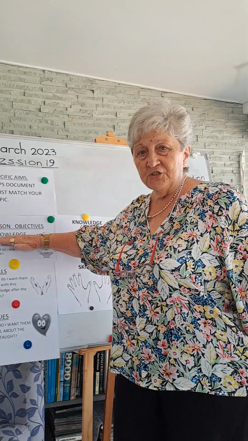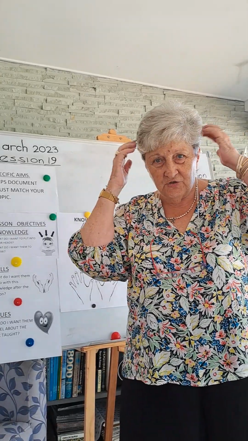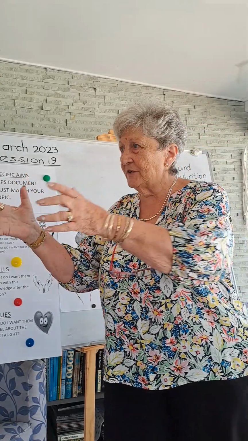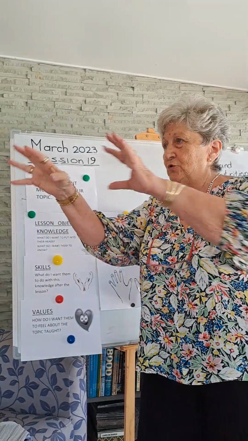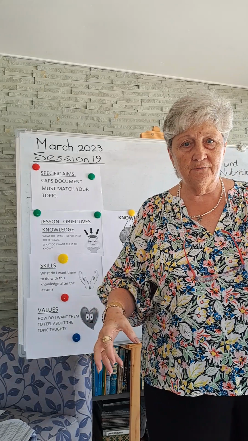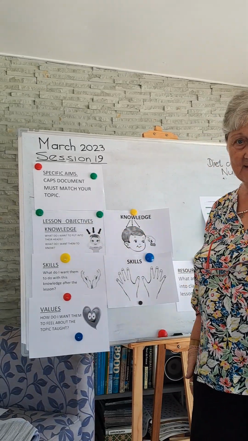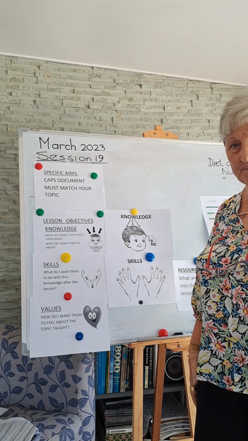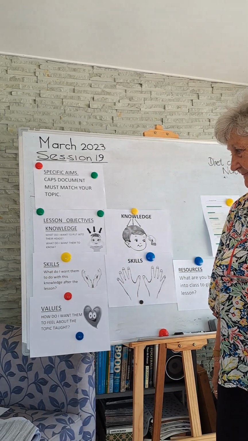So the first one is knowledge. What do I want to put into those children's heads? What knowledge is it that I have gathered together from Google, from my books, from all over, and I want to put it into their heads? Knowledge. The second one is skills.